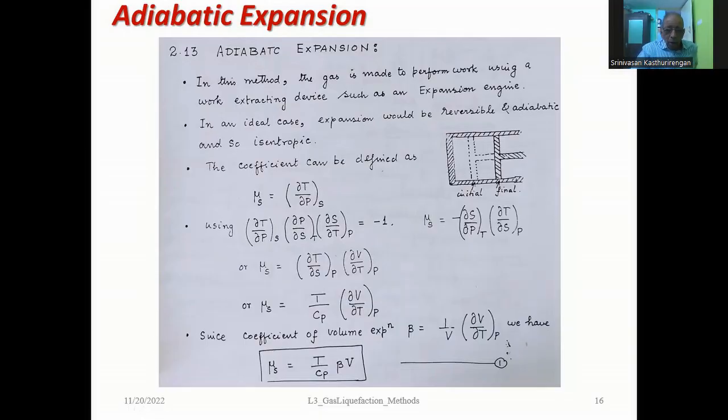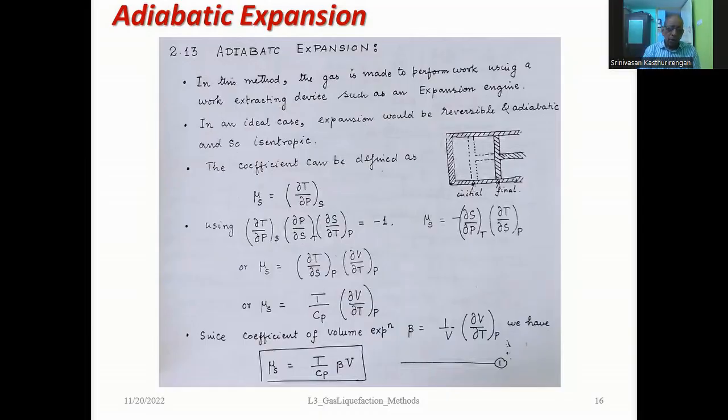Now again, as before, we can define the coefficient of adiabatic expansion as mu S, which is the change in temperature to the change in pressure at constant entropy, which is dou T by dou P at constant S. We will use dou T by dou P at constant S into dou P by dou S at constant T into dou S by dou T at constant P is equal to -1.